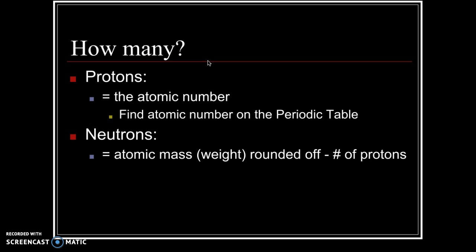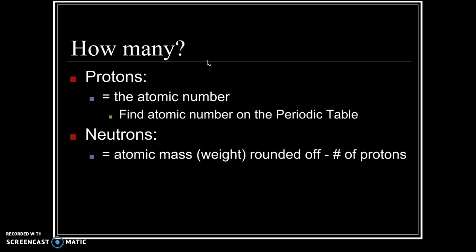We take the mass number and we subtract away the number of protons to leave us with the number of neutrons. So, since carbon has an atomic number of 6 and it has a mass number of 12, I'm going to take 12 minus 6, which leaves me with 6 neutrons.